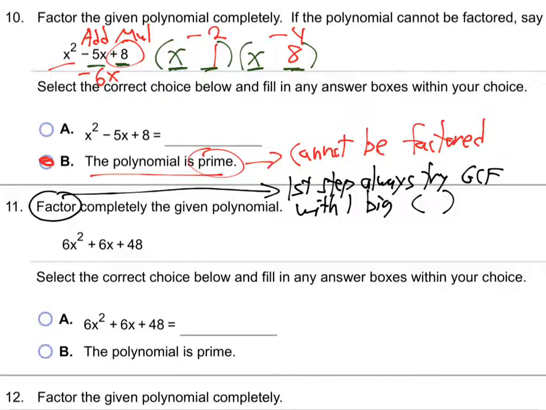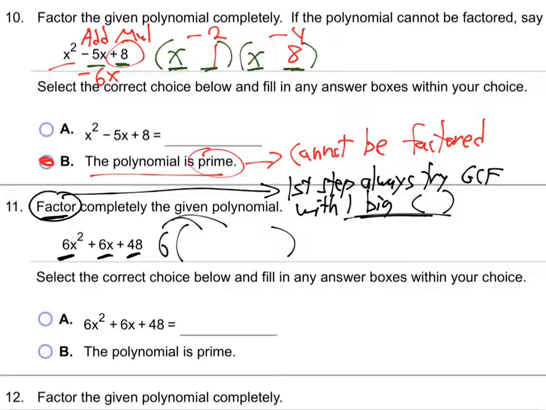So in other words, the first thing you should always try on every problem that says the word factor, which is multiply backwards, is you should look at these 3 and you should say, is there some number that goes into all of them? Or letter? What goes into 6, 6, and 48? 6 does, right? And then what do you do with that? You put the 6 in the front and you do the one big parenthesis.